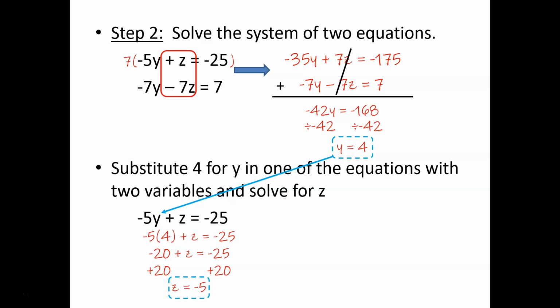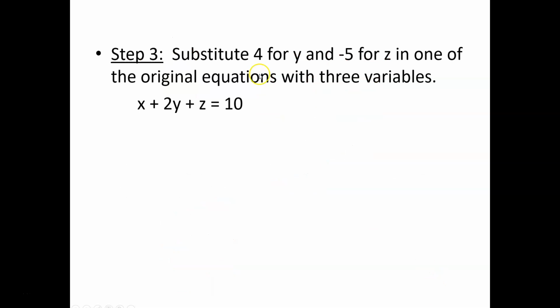Now we have 2 of the 3 pieces: 4 for y and -5 for z, and we put those in the original equation, multiply, combine like terms, and then subtract the 3, and we get x equals 7.